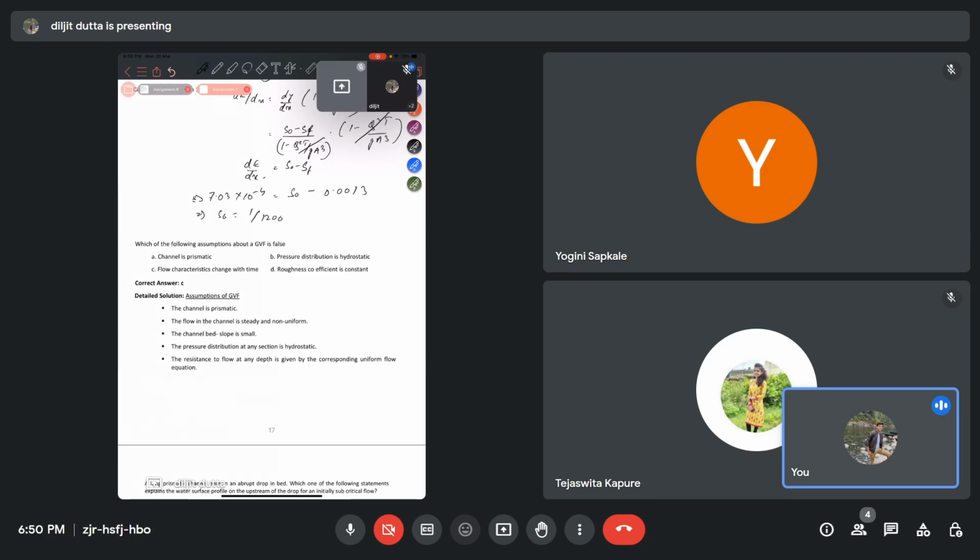The second question is, which of the following assumptions about a gradually varied flow is false? The channel is prismatic. Yes, the channel can be prismatic, this is a true assumption. The pressure distribution is hydrostatic. Yes, we consider pressure distribution hydrostatic. Flow characteristics change with time. No, this is false.